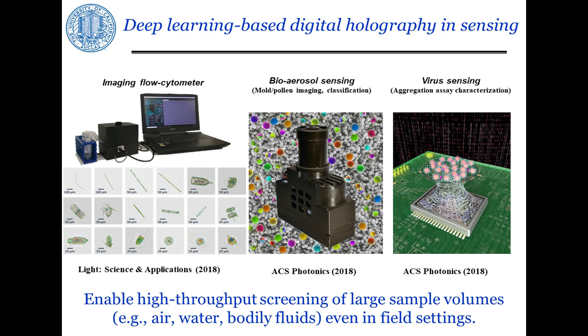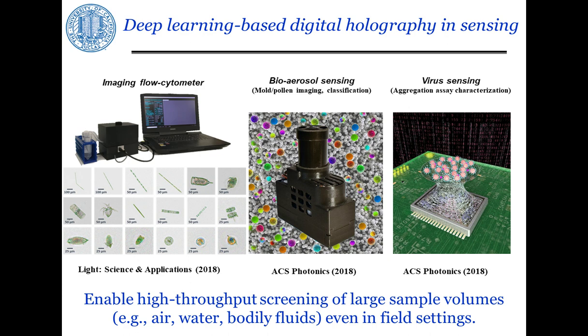This is powered by deep neural net-based holographic reconstructions. Another device looks into bioaerosols and senses pollen and mold particles without the use of any labels. It's a label-free bioaerosol detection system. This is also powered by the extended depth of field and holographic reconstruction created by deep neural nets.